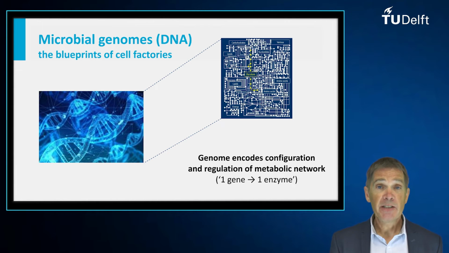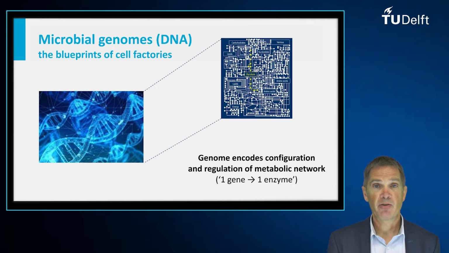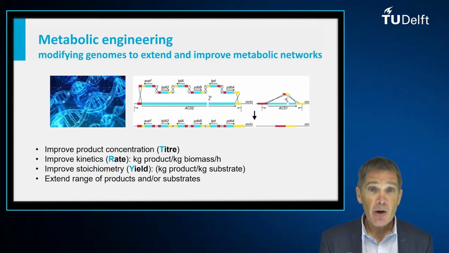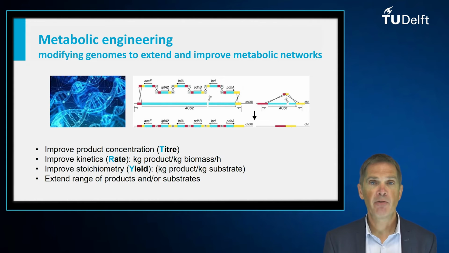So if we want to change the performance of a microbial cell factory under any given set of process conditions, we need to change its genome. Using the amazing, still growing toolbox of synthetic biology, we can now edit the genomes of living cells almost at will and implement ever more complex designs for modified metabolic networks.